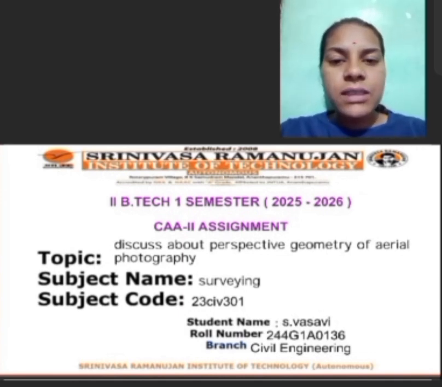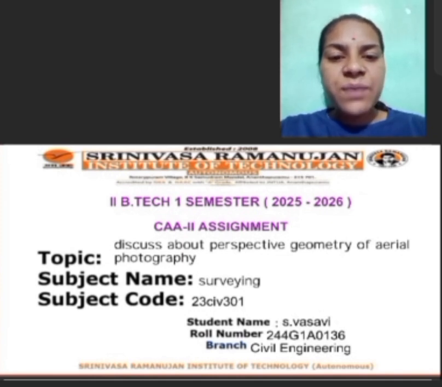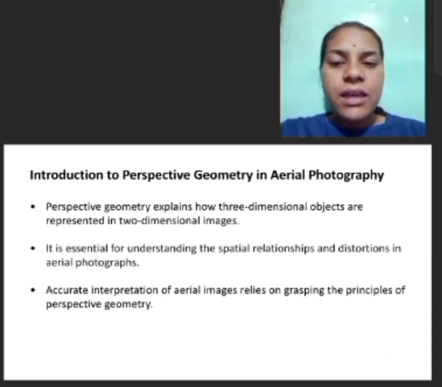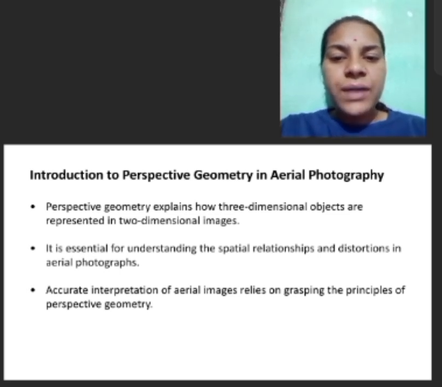Today my topic is to discuss the perspective geometry of aerial photography. In this slide, introduction to perspective geometry in aerial photography. First point, perspective geometry explains how three-dimensional objects are represented in two-dimensional images.